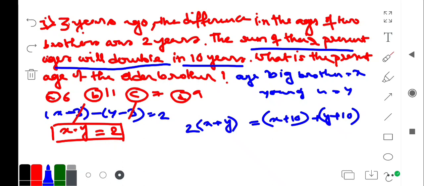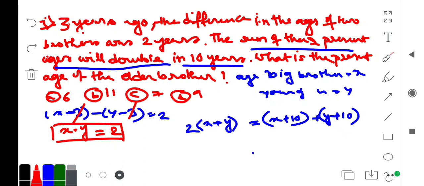That should be double in 10 years. So double, that is 2 into present age x plus y equal to x plus 10 plus y plus 10. Okay, then these two expressions will be equated. মানে কি বলতে চাচ্ছে, the sum of their present ages will double in 10 years, মানে 10 years এ দুজনের যা এজ হবে সেটার সাম ইকুয়াল টু তাদের প্রেজেন্ট এজের দ্বিগুণ. After 10 years, both of their ages, if we sum, that should be equal to double of their present age sum.